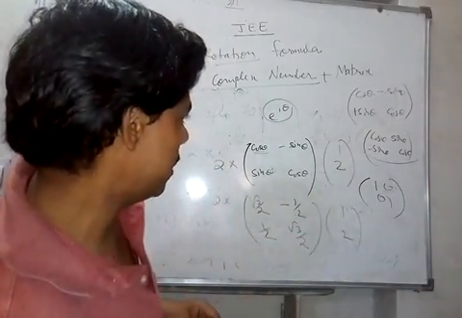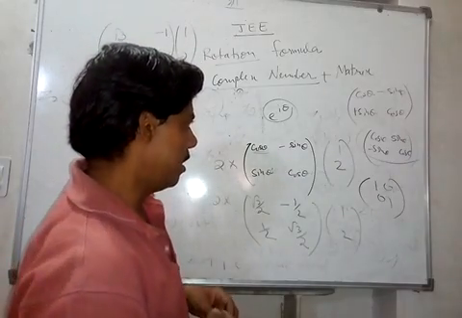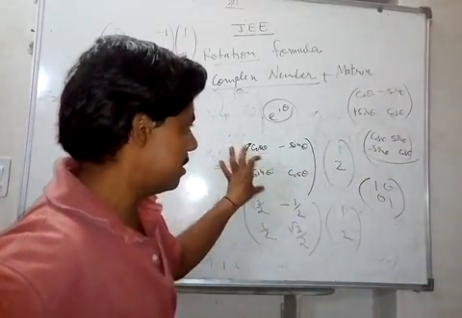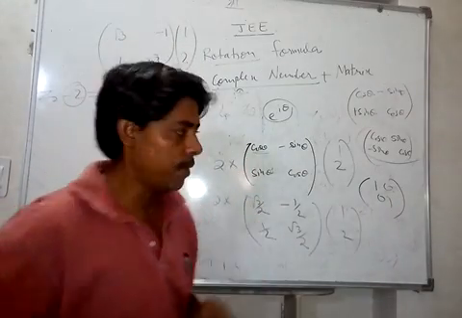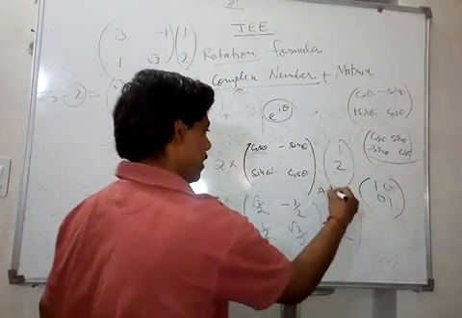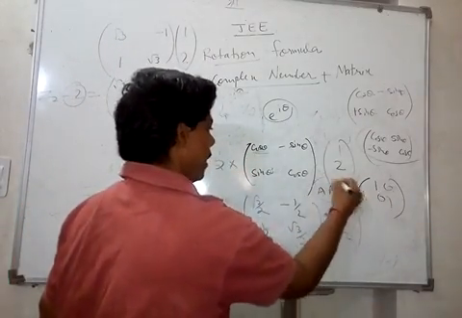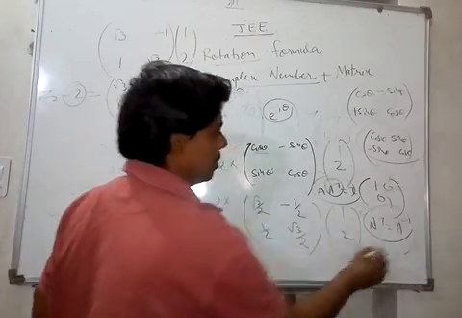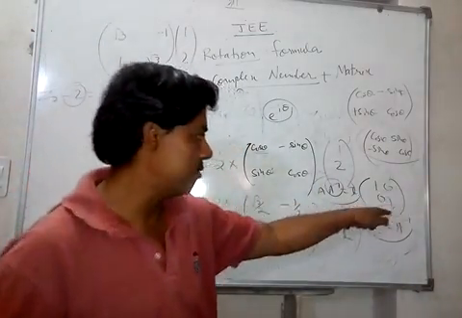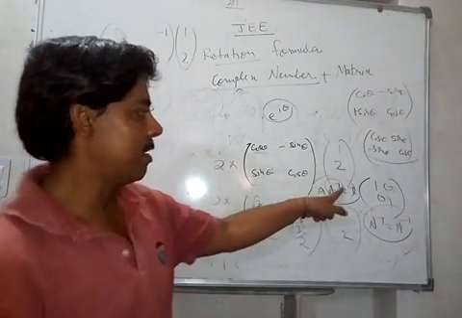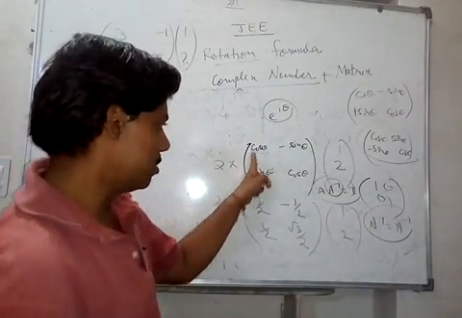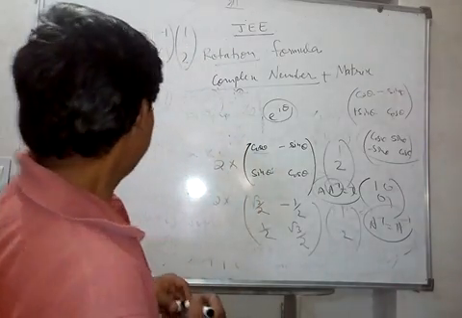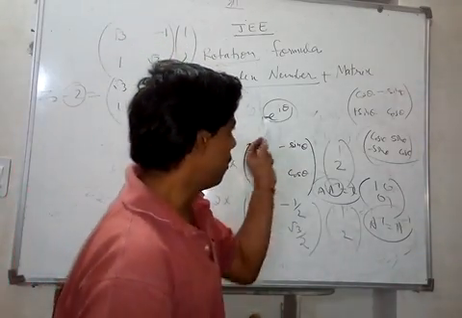So the interesting part is that this is also the transpose of this matrix. So this matrix comes out to be orthogonal because A transpose is equal to A inverse, and A A transpose is I. So this matrix is an orthogonal matrix, and this is also a concept of the complex number.